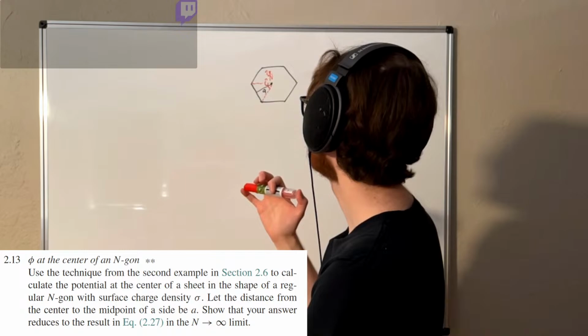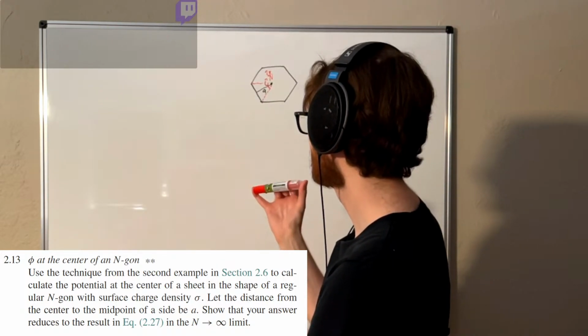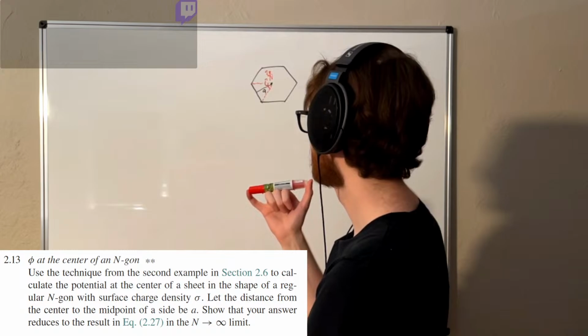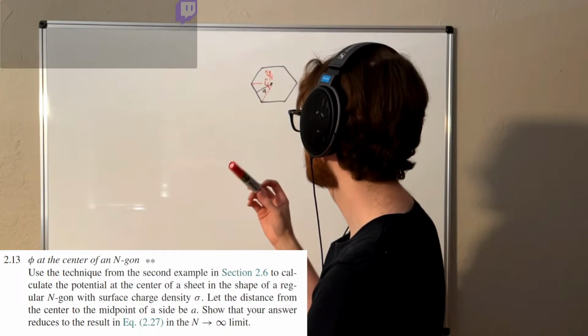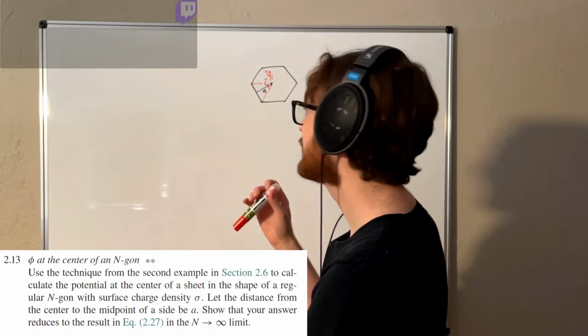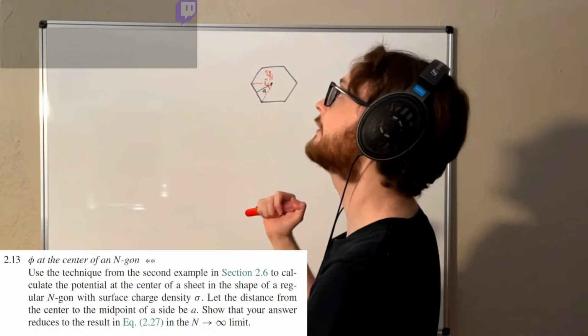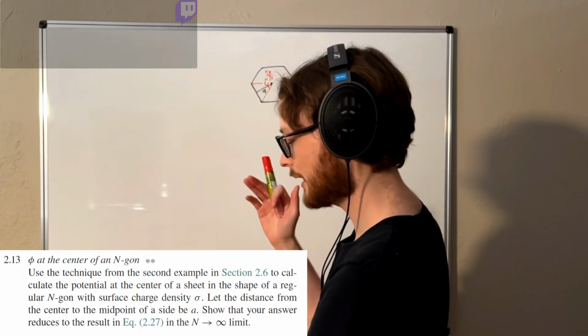So what do we want? We want the area of this triangle because that would allow us to get the charge contained by that triangle. And why is that a good thing?